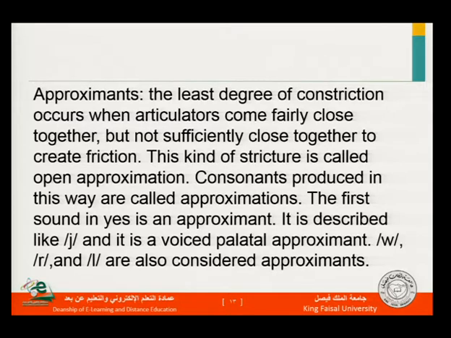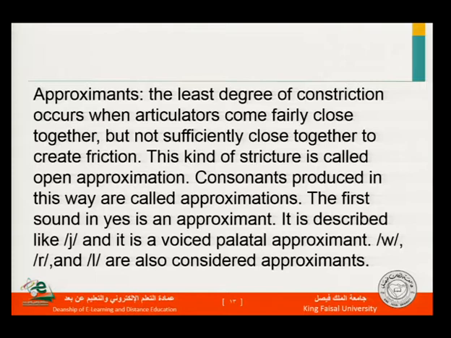This kind of construction is called open approximation. Consonants produced in this way are called approximants sometimes. The first sound in yes is an approximant. It is described like j between two slashes. It is not j, it is ya.